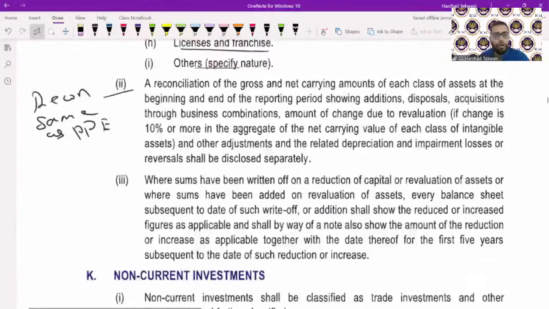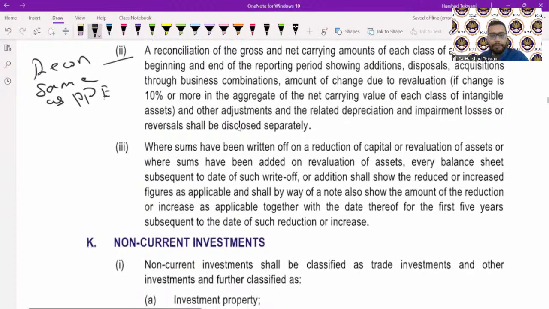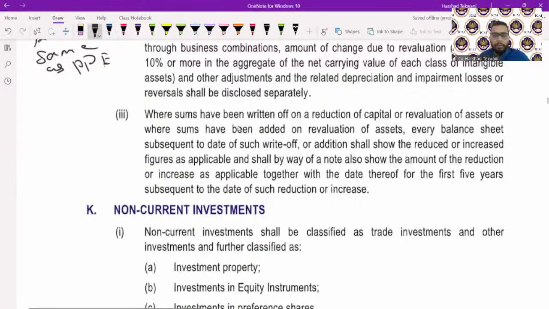Okay, so a reconciliation same like plant, property and equipment. Then again, if there is a reduction or if there is a revaluation, then for the first 5 years you need to show that revaluation or that reduction as a note.